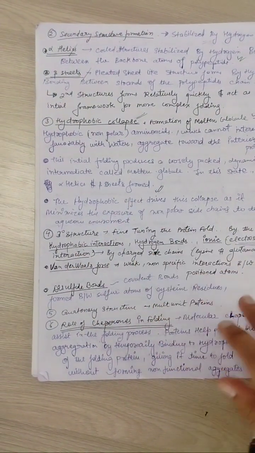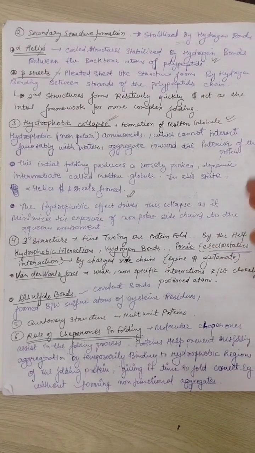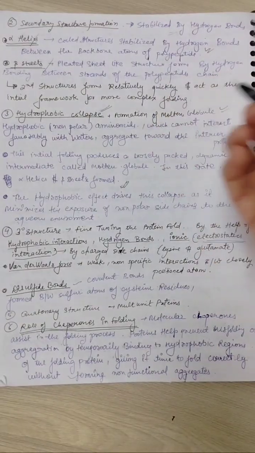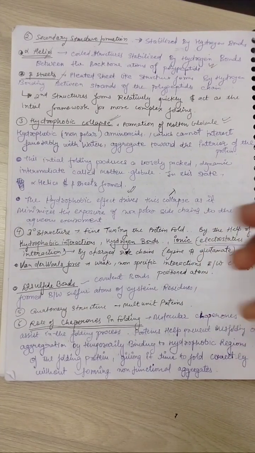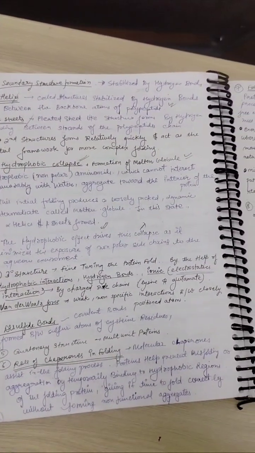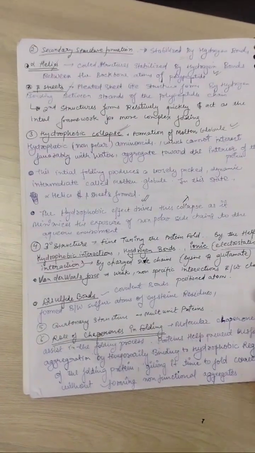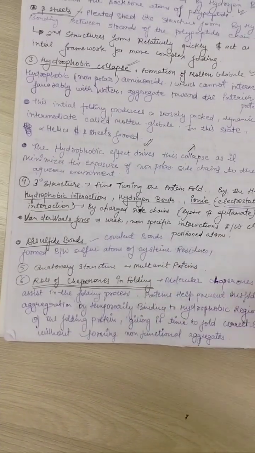This hydrophobic effect drives the collapse, which results in the globular shape of the protein, to minimize the repulsions between the polar solvent and the nonpolar sides of the amino acid chains.